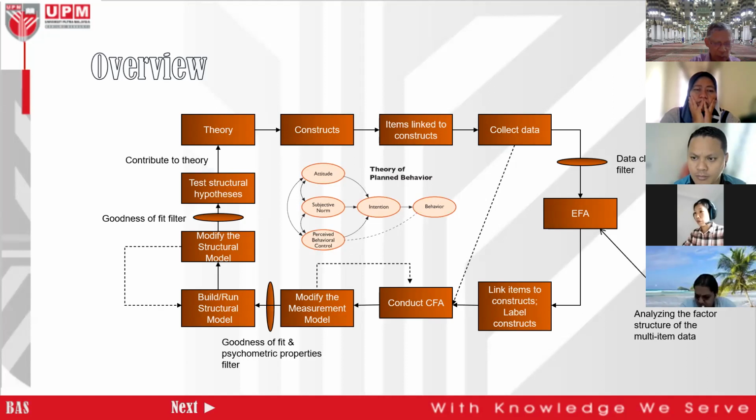If it is an independent variable, we place the construct on the left, just like what we have on the screen. If it is a dependent variable or mediating variable, we place the variable on the right. That means we need to demarcate between independent and dependent variables, as well as your mediating variable.